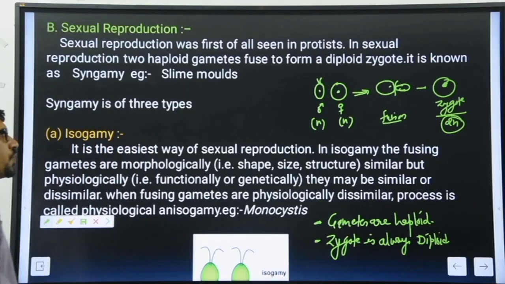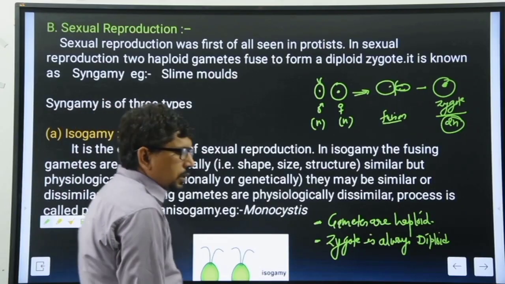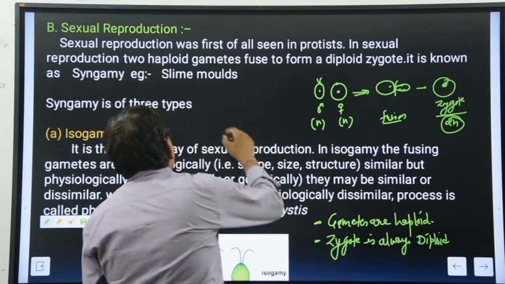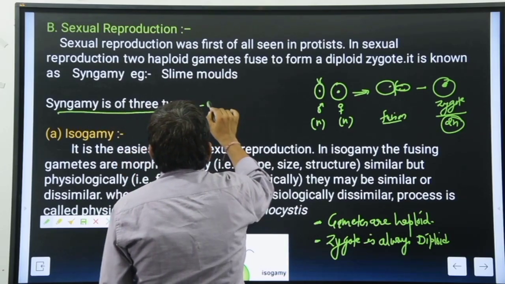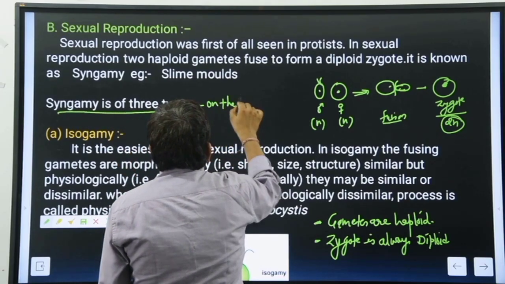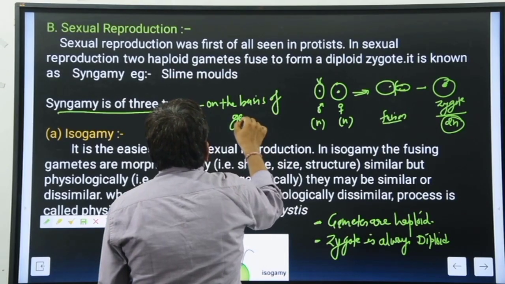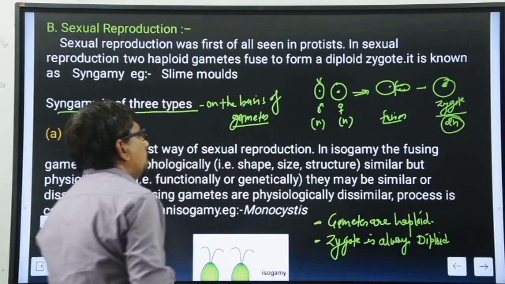So zygotes form. Clear? But on the basis of the type of the gametes, the reproduction has 3 types. On the basis of the gametes, I said, syngamy is of the 3 types. You can write here, on the basis of gametes, they are the 3 types.